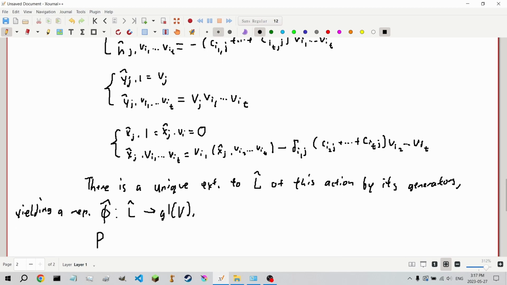And that brings us to our next proposition. Let K0 hat be the kernel of this representation.